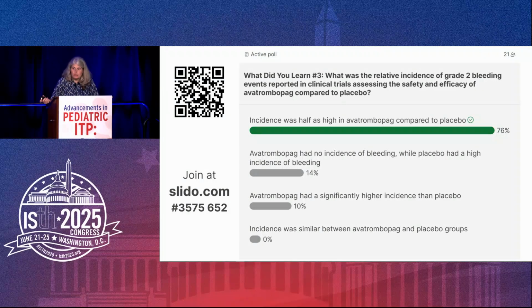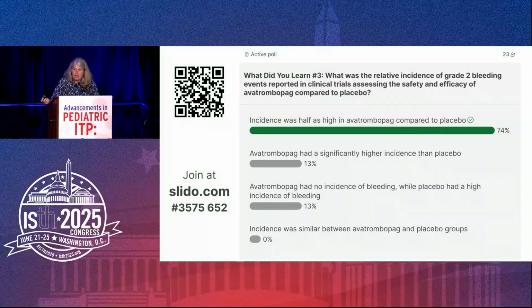So pretty much almost a majority. So incidence was half as high in avatrombopag as compared to placebo. It was about 20% in the avatrombopag group and about 40% in the placebo group. So I do think that if we look not only at the surrogate of a platelet count response, we do see that these medications also get us clinical outcomes that are meaningful in terms of reduction in bleeding, reduction in other concomitant medications, and less need for rescue therapies.